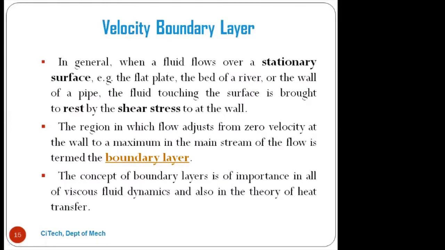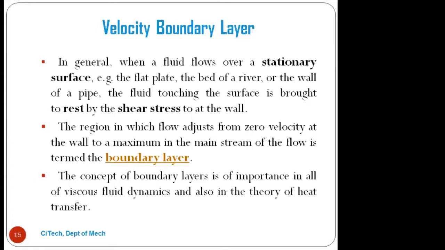In general, when a fluid flows over stationary surfaces, for example a flat plate, the bed of a river or the wall of a pipe, the fluid touching the surface is brought to rest. Why? Because of the shear stress. Shear stress is more at the wall.